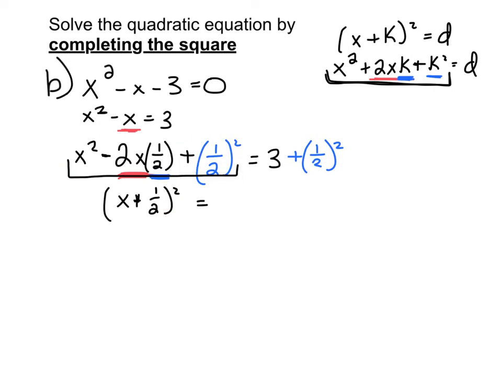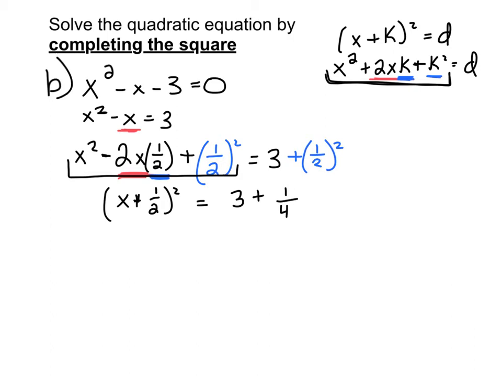Alright, so now let's just go ahead and simplify this over here to the right. So we have 3 plus, now for the 1/2 squared, both the 1 and the 2 get squared, right? 1 squared is just 1, and then 2 squared is 4. Okay, so now I need to add 3 plus 1/4.